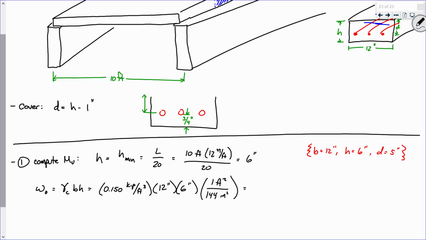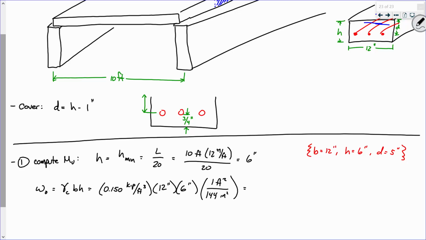You wouldn't use it. It wouldn't matter, because I don't care how long the beam or the slab is this way. I'm just designing a 12-inch strip and I'm just going to repeat. Does that make sense?